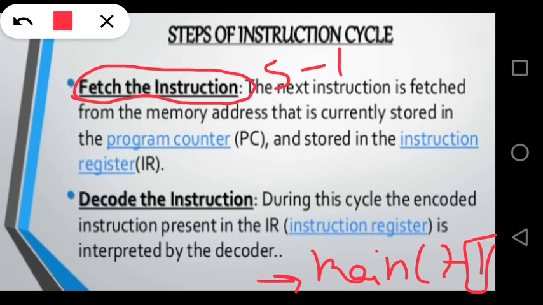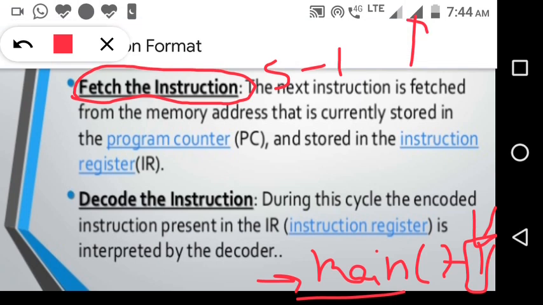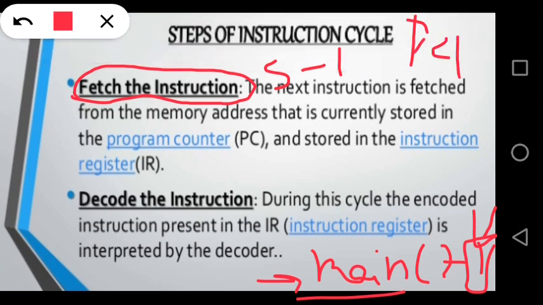Fetch the instruction. Now where is the instruction? This instruction is stored in the memory at location 1. So now the PC contains the value 1, that is the address of the instruction to be executed.